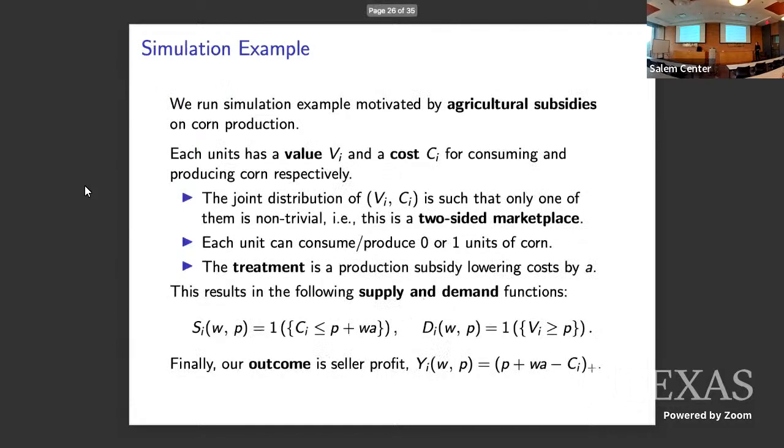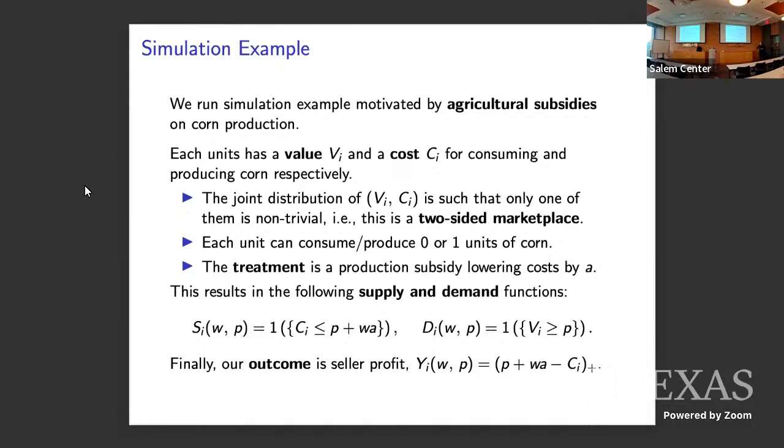All right, so I think at this point, I owe you an example. This is a simple example, but it illustrates how these things go together. It's again motivated by agricultural subsidies. So let's say each unit could consume or produce more, and they have value and cost for doing so.